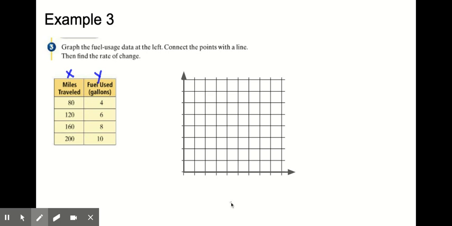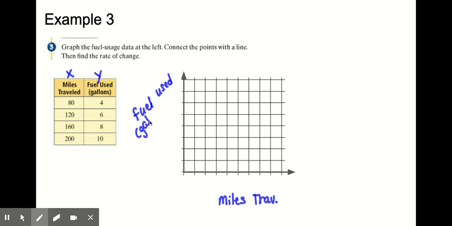So, of course, we put our units or our labels. Miles traveled, fuel used, and you're going to write yours more vertically. I just can't do it very well.